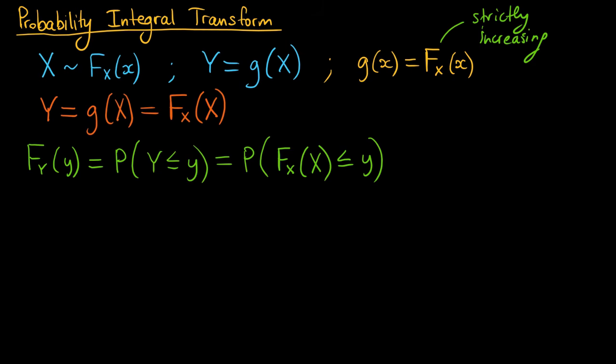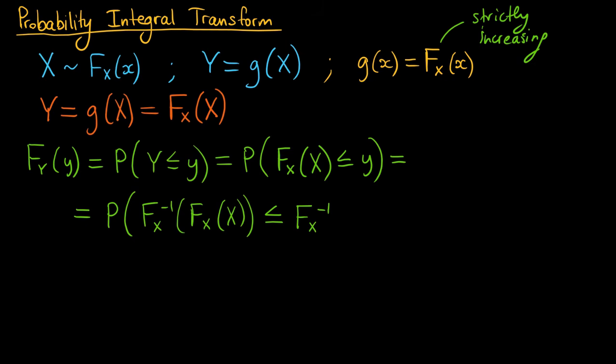So let's see what we get. The probability of, we're going to apply the inverse function to the left side. Then the sign is preserved because the inverse function is strictly increasing. And then on the right side we have the inverse evaluated at lowercase y.